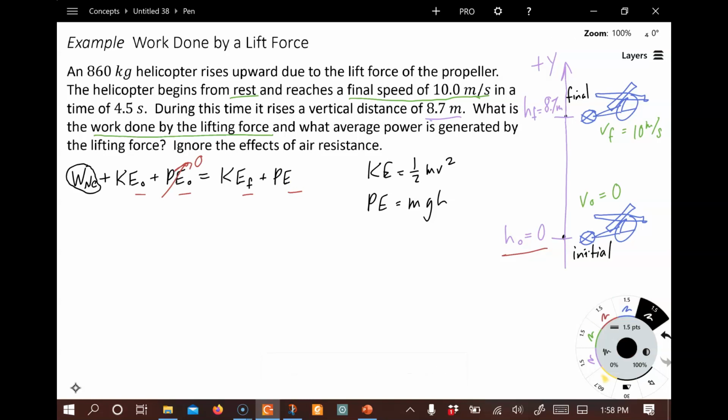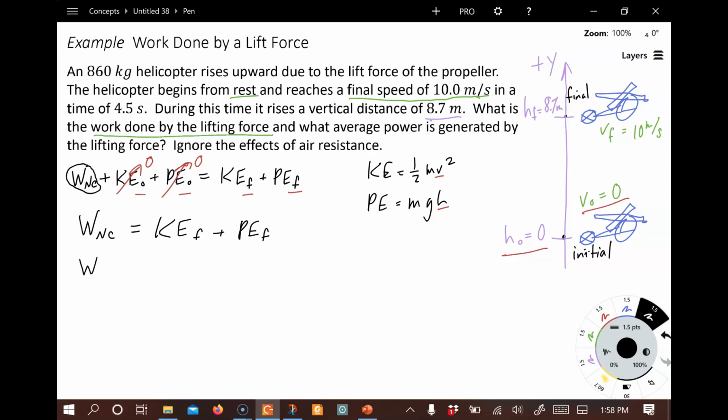This is supposed to be the final potential energy. 0 initial speed, that means the kinetic energy, right? That guy is 0. And now we can go ahead and solve with algebra for W_NC. I gotta say, well, that was easy. We didn't have to do any algebra. By plugging in our zeros, we already got it.